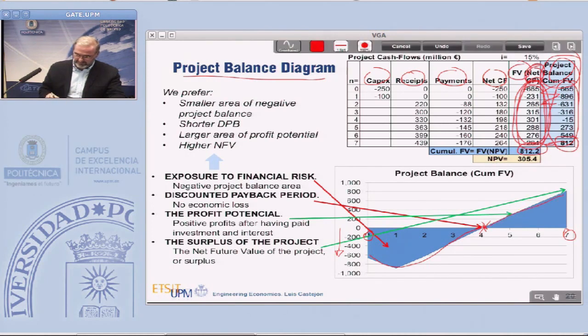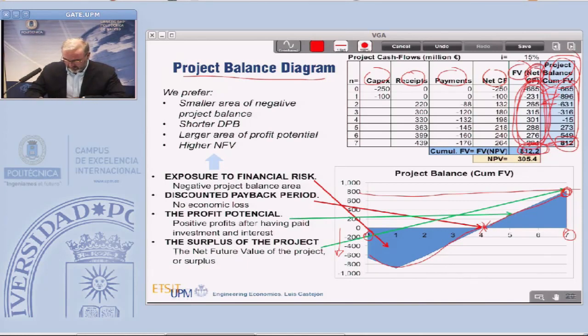The final value of the project balance is 180 and 800. This cumulative project balance value is the same as the future value of the project.